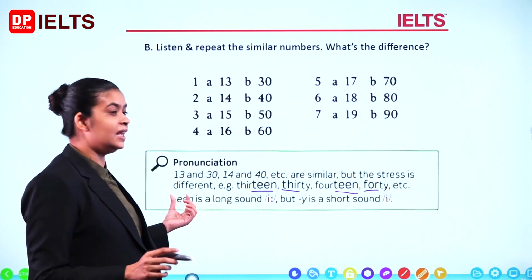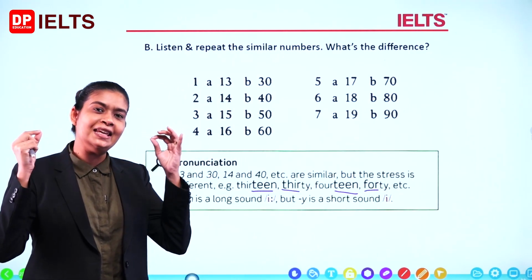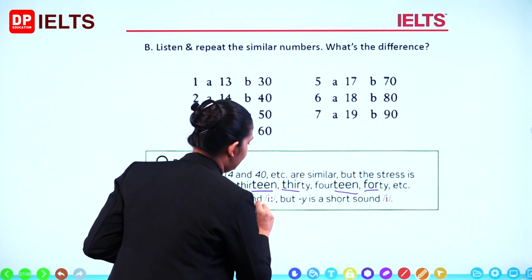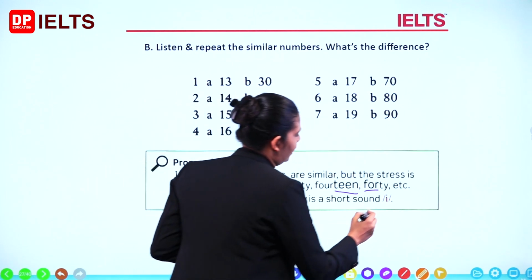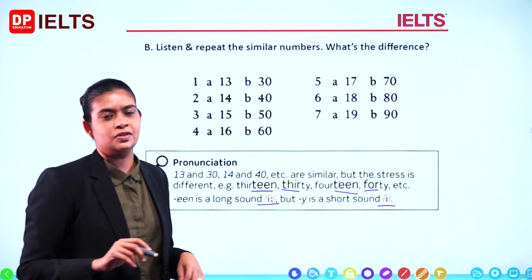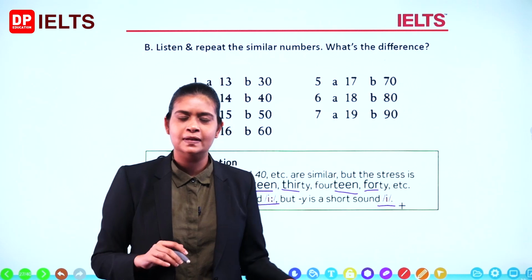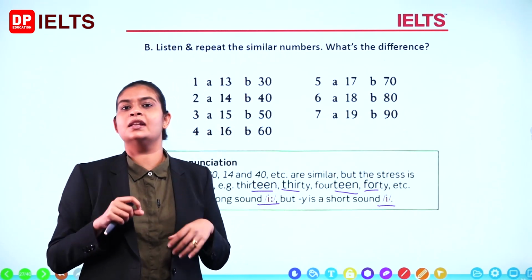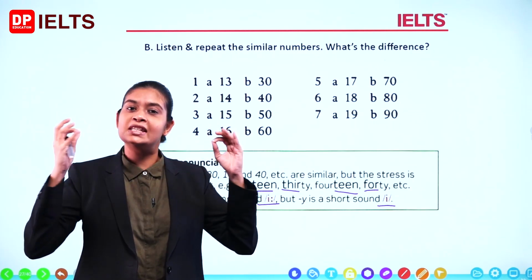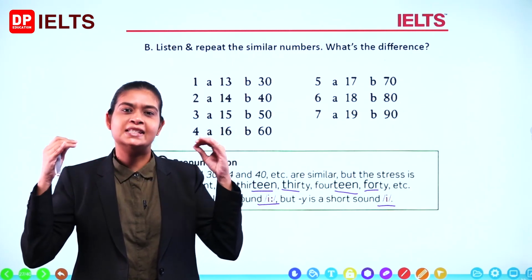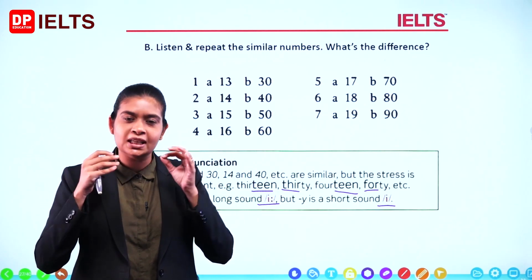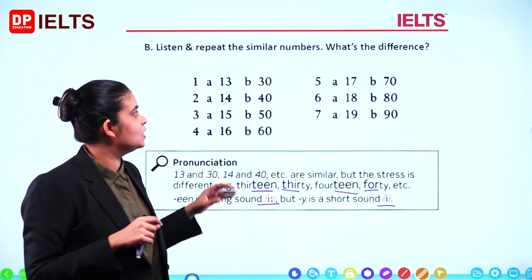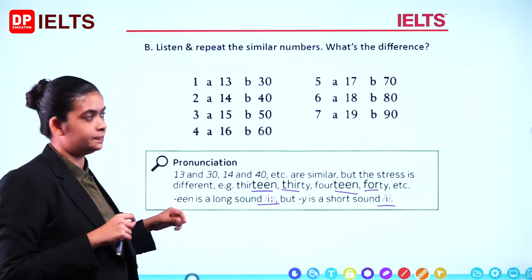The -teen is a longer sound and the -ty is a shorter sound. So these are called phonic letters. 13, 14, 15, 16, longer sound. 40, 30, 20, shorter. That's actually the difference.